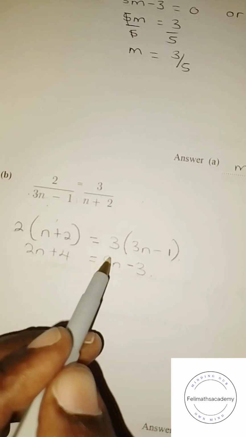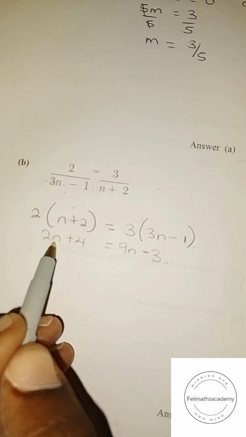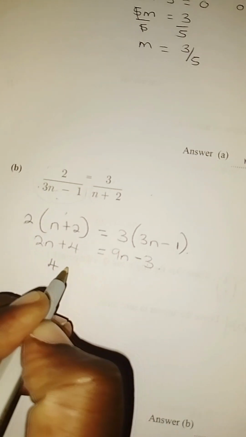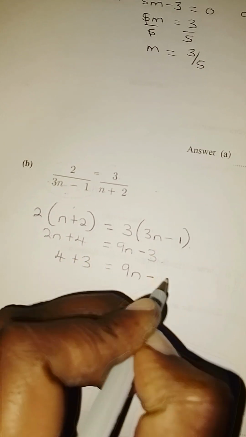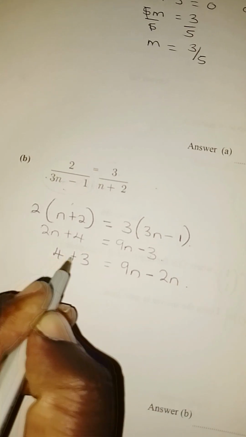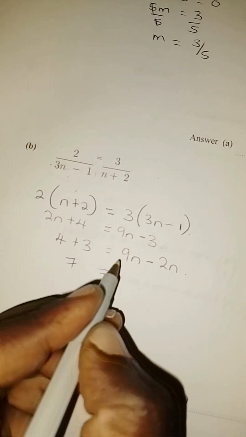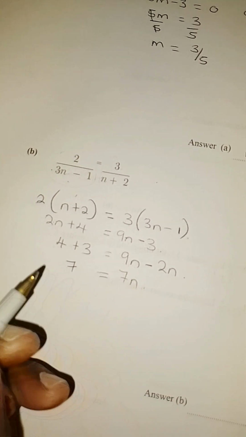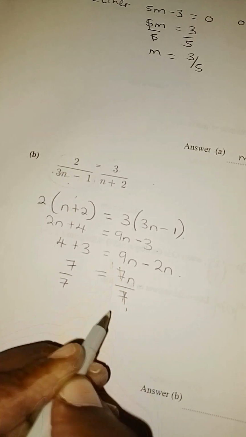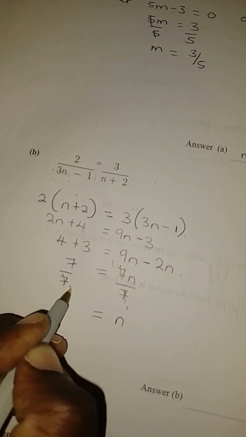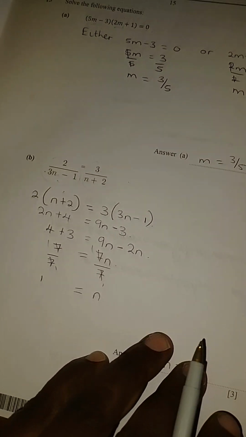Then we group like terms. So 4 plus 3 is equal to 9n minus 2n. So 7 is equal to 7n. Divide both sides by 7, and we remain with n is equal to 1.